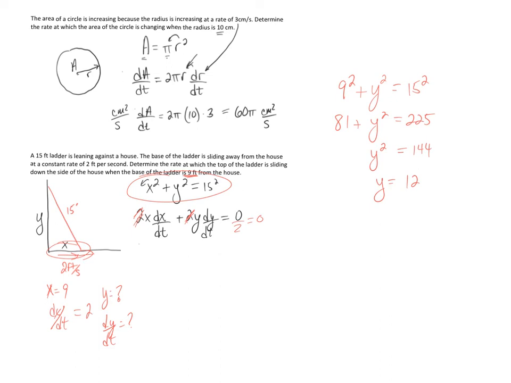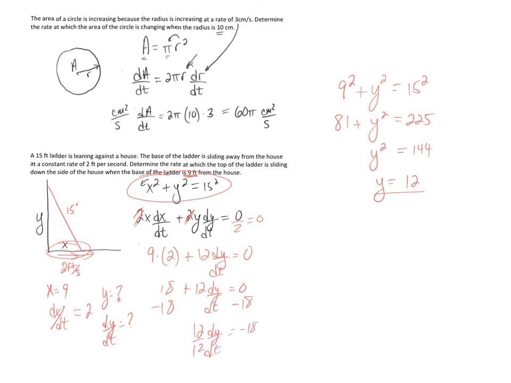Now that we have the y value, we can plug that into our equation, and we get x is 9, dx/dt is 2, y is 12, and dy/dt is what we're looking for, and that's equal to 0. 9 times 2 is 18, plus 12 dy/dt. Subtract 18 from both sides, and you get 12 dy/dt equals negative 18.